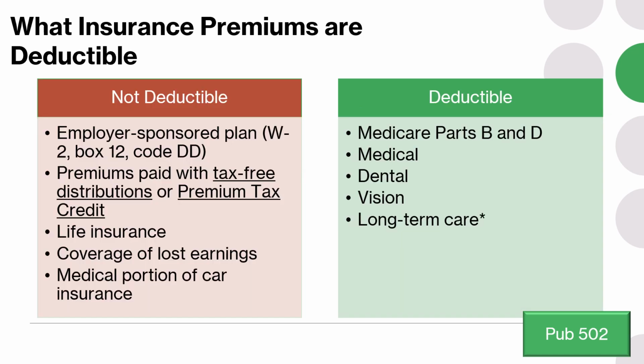So we're going to start off with what insurance premiums are not deductible because frankly, most often they are not deductible. So insurance premiums that are paid through an employer-sponsored plan, usually these are the ones that are reported on the W-2, box 12 with a code DD.